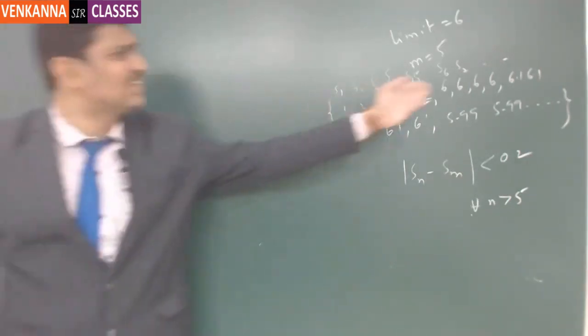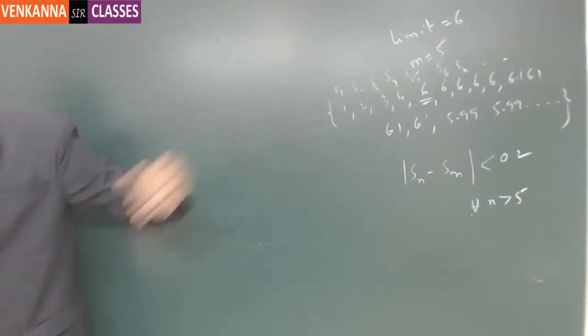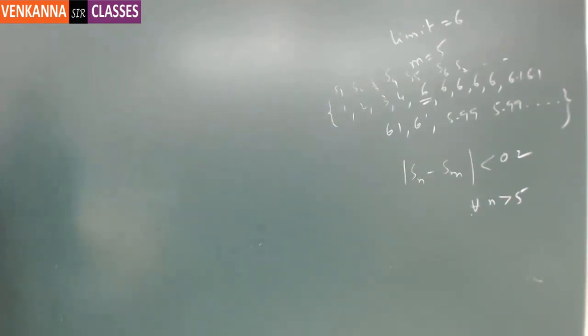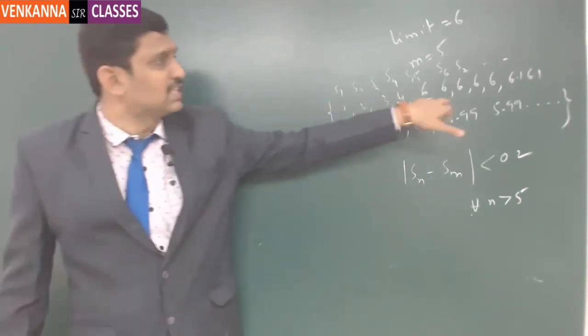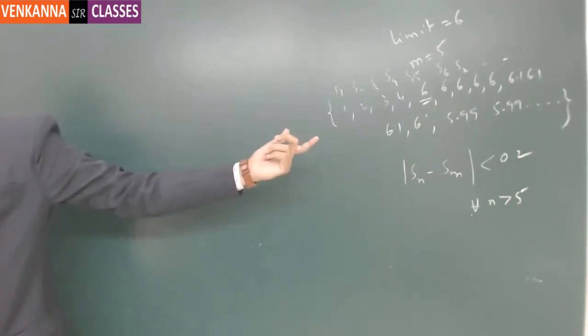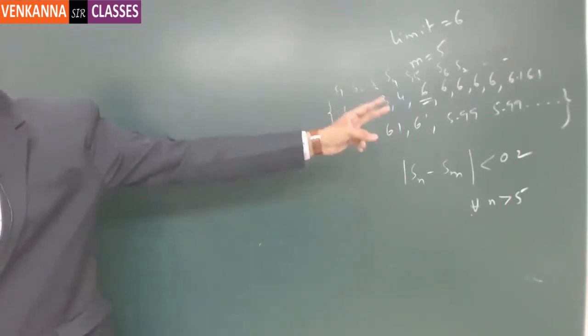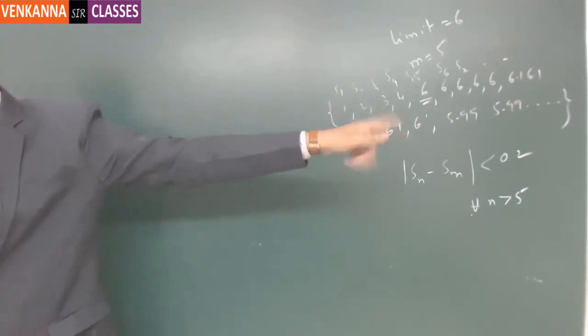Because I have written the sequence like that. Please understand. Because if you observe, from the 5th term, 6th term, everything is becoming somewhat coinciding, right? So if you want to frame that, this is the condition, because the gap between any two terms, at the most you take 0.2.